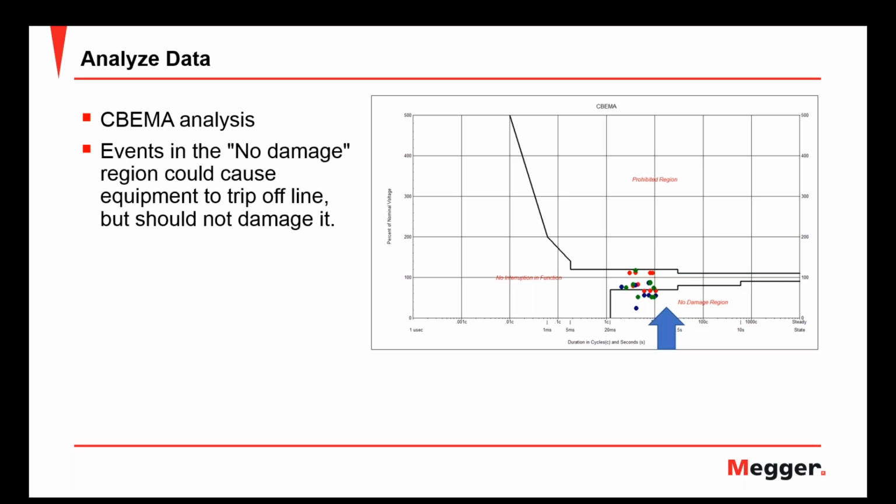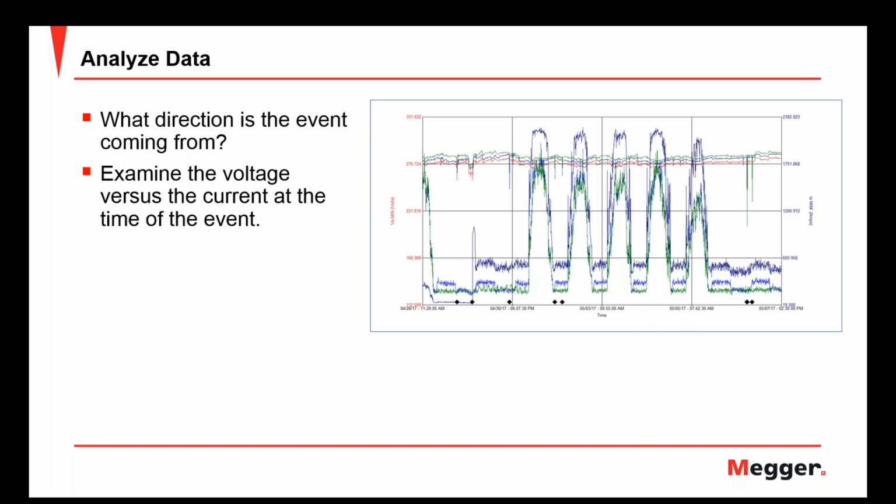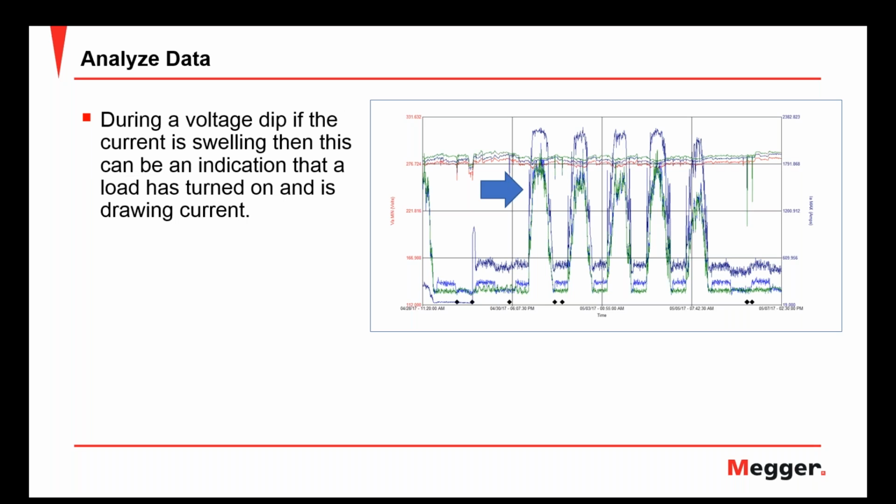So one of my next questions is, is it coming from the source or the load? I'm going to look at the voltage versus the current. In a normal, non-faulted condition, I can see the voltage goes down a little as the current goes up.